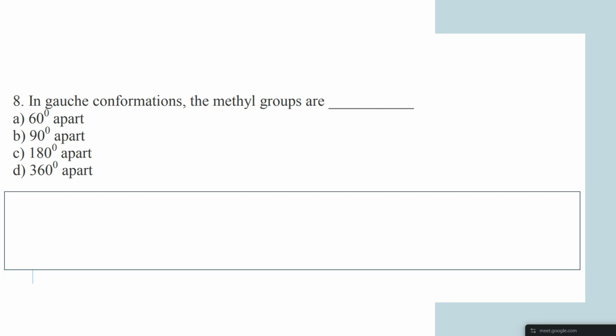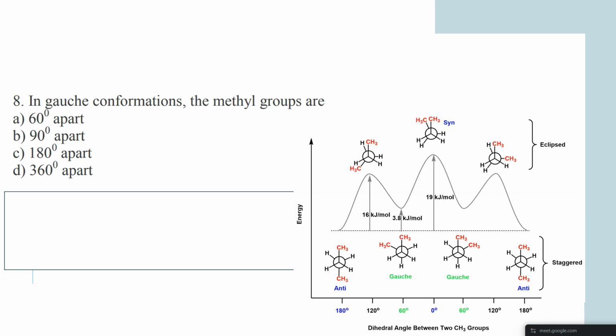In gauche conformations, the methyl groups are 60° apart, 90° apart, 180° apart, or 360° apart. We just went through the energy profile diagram of n-butane, so let us again take the example of the n-butane energy profile.